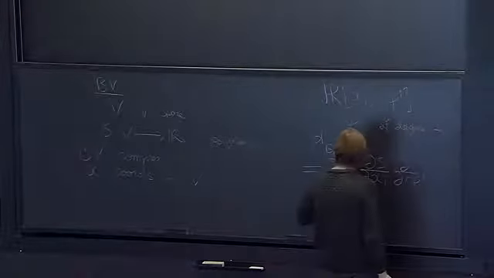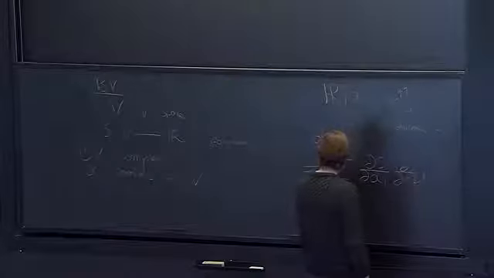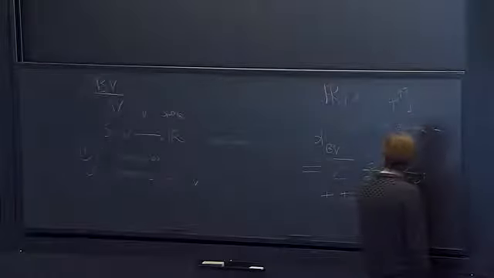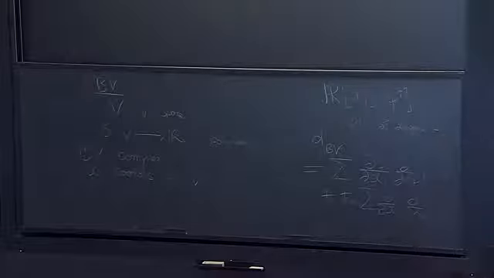Then there's a quantum correction, which is an order 2 differential operator. And we saw last time that we can interpret this whole thing as being divergence for the functional measure.